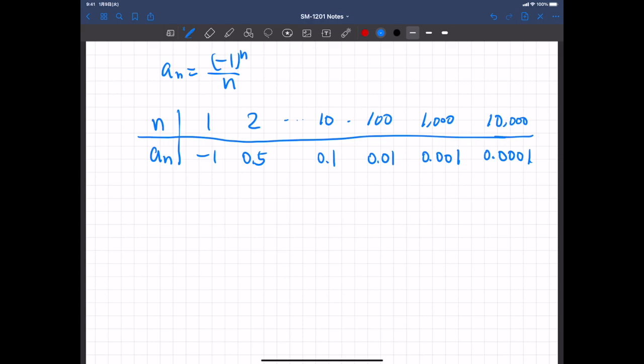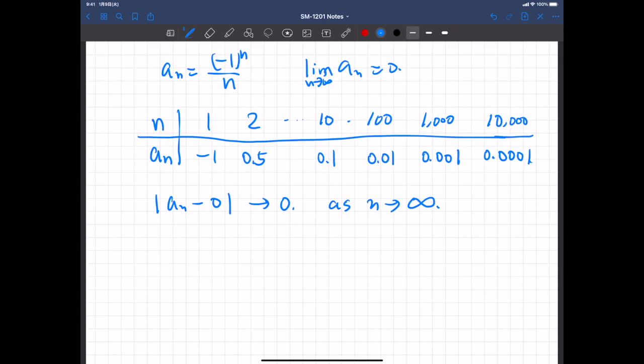So we've seen that the limit of this sequence is 0. This means the difference between an and 0 approaches 0 as n goes to infinity.